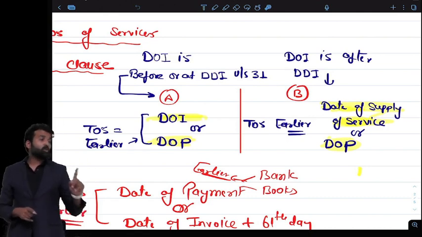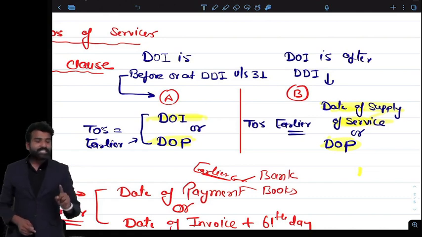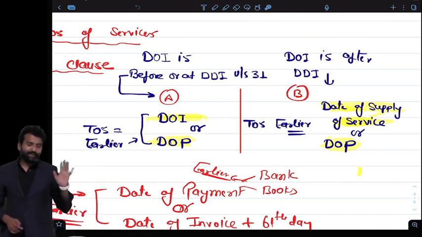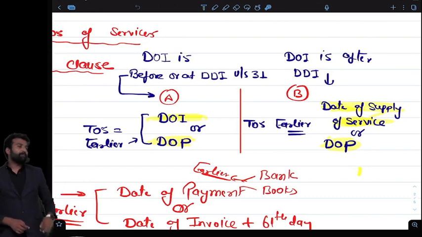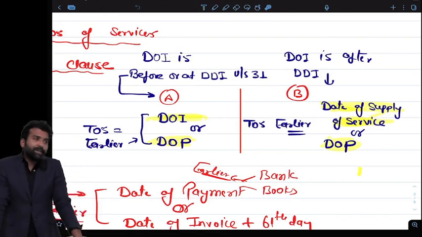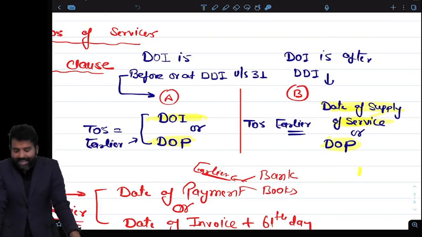So we have to check whether my invoice is prepared within 30 days from the supply or late. If within 30 days, then DOI or DOP. If it is late, then it will be DOS or DOP. So here, very important, we have to decide whether the invoice is prepared on time or is it late.